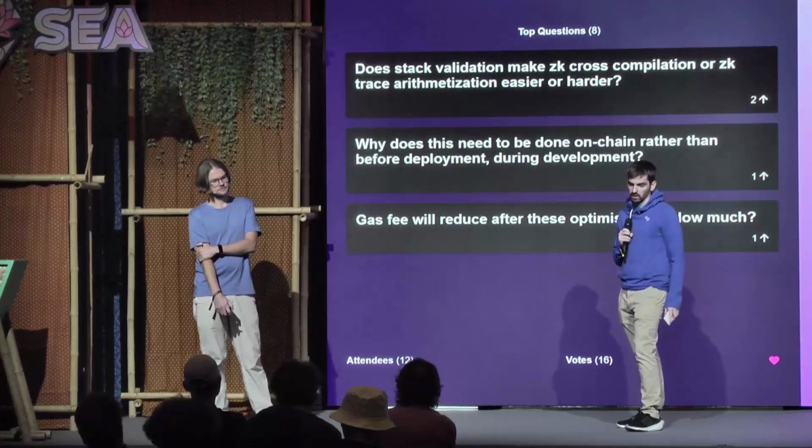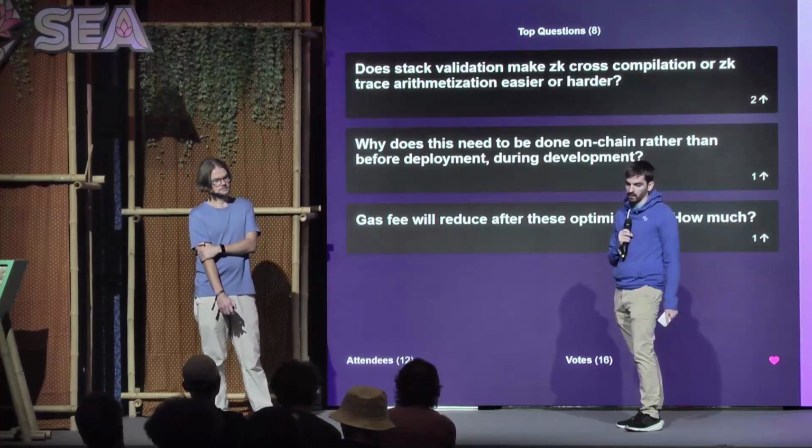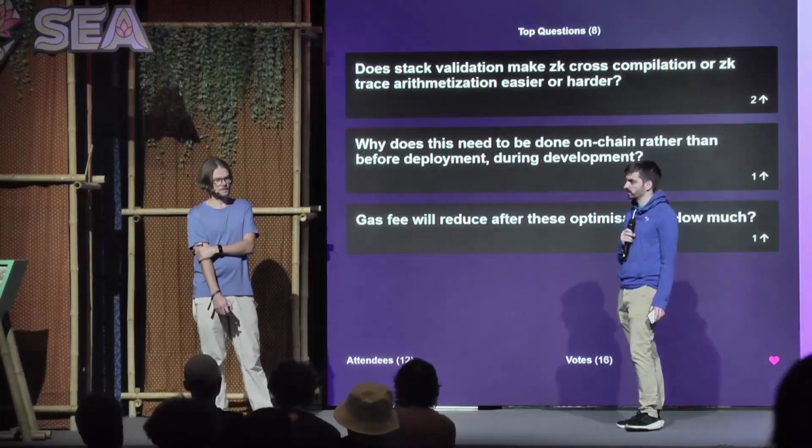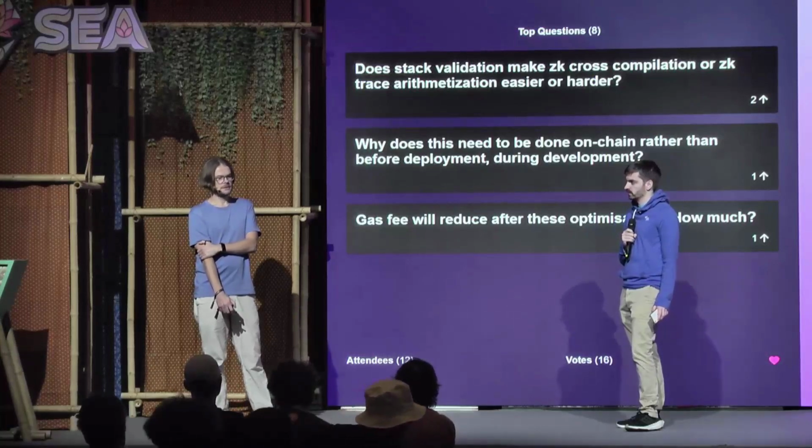The next question is: does stack validation make ZK cross-compilation or ZK trace arithmetization easier or harder? It definitely makes it easier if this ZK compilation targets only EOF and does not try to support legacy too. If it is a ZK system that tries to support both legacy execution and EOF execution, then it has to basically support two different systems.